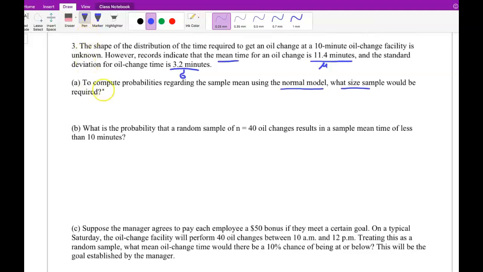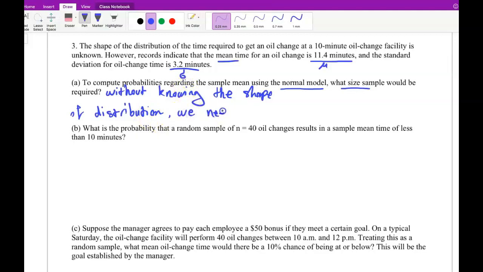Without knowing the shape of the distribution, you need to have the sample size greater than or equal to 30.